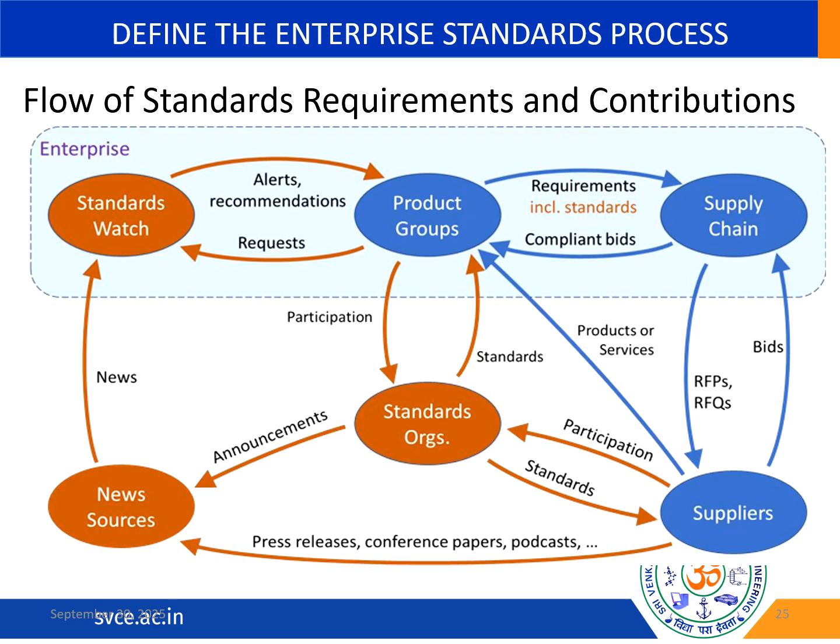So here we have the flow of standard requirements and contributions. So first, the blue path, which denotes the standard requirements and contributions. We have some suppliers, new sources, standard organizations, product groups, standard watch and supply chain, etc. So the flow of the requirements and contributions between the parties are involved, and it can be represented by the graph.